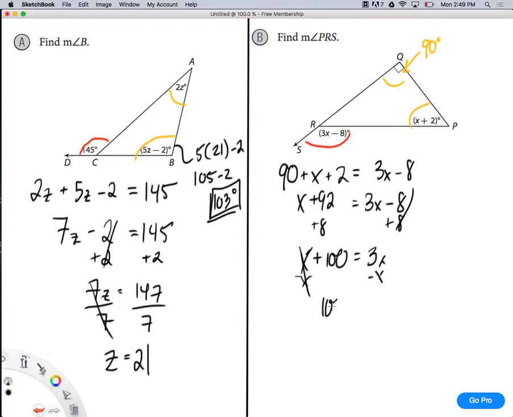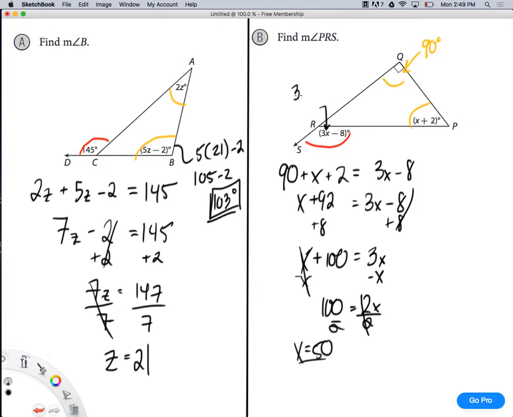I get 100 equals 2x. Divide both sides by 2. x equals 50. But this is where you have to be careful. Did it ask me to solve for x? No, it asked me to solve for PRS, which is which angle? The exterior angle. So I plug x in there.